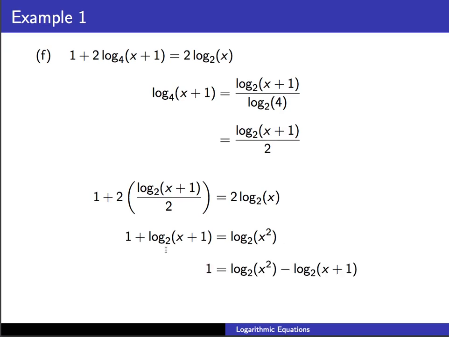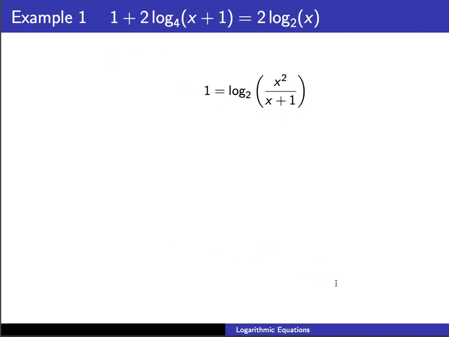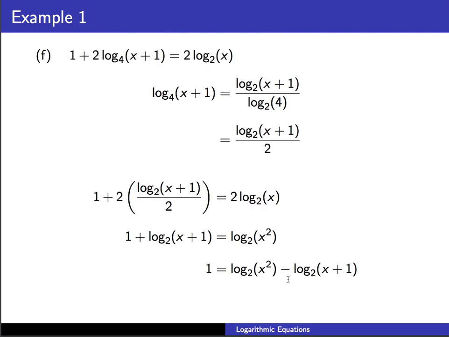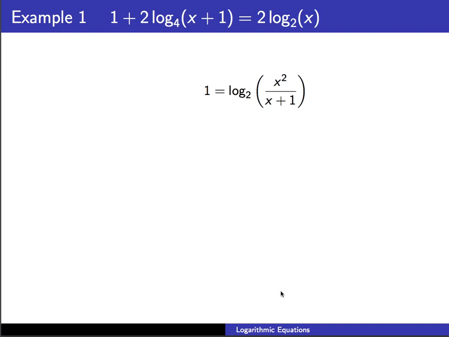Now we can get our logarithms on one side by subtracting log base 2 of x plus 1 from both sides, and we'll have 1 equals log base 2 of x squared minus log base 2 of x plus 1. Condensing the right-hand side using our quotient rule, we can rewrite it as log base 2 of x squared over x plus 1.